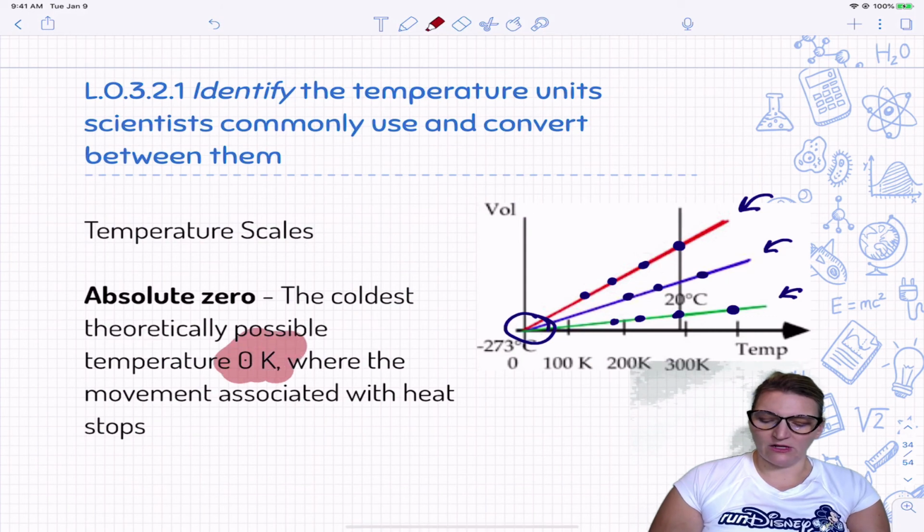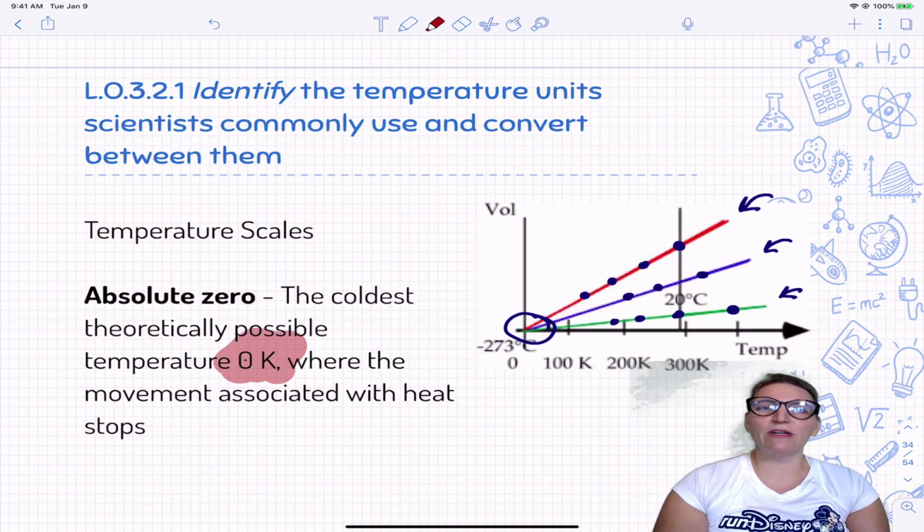It is 0 Kelvin. Notice that there's no degree there. It's not 0 degrees Kelvin, it's just 0 Kelvin. Degree is how we designate that a unit is not an absolute unit. This is where the movement associated with heat stops.